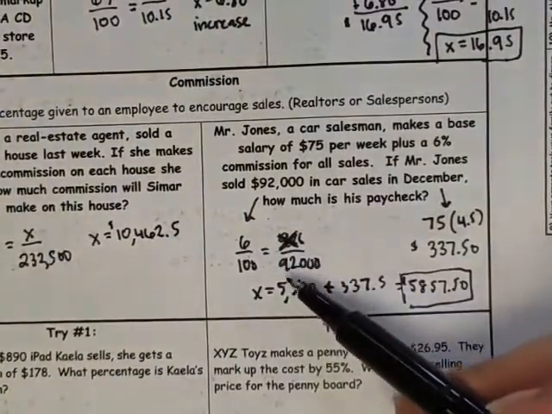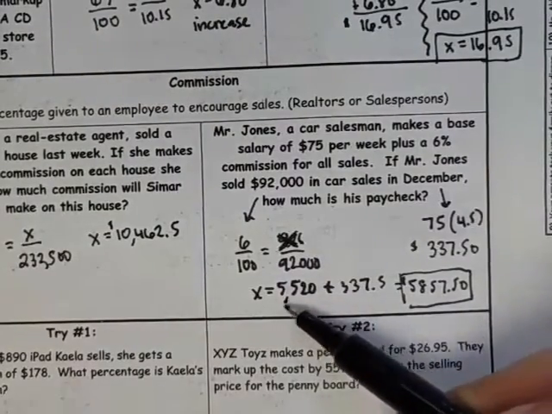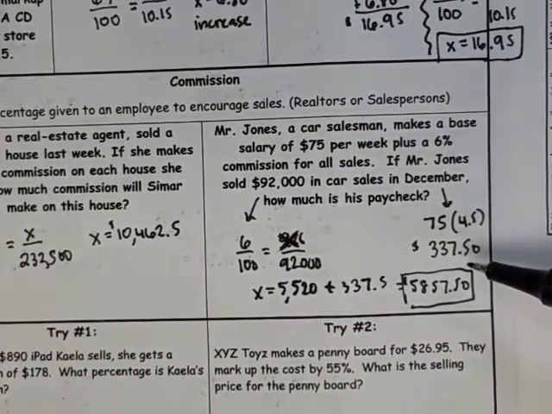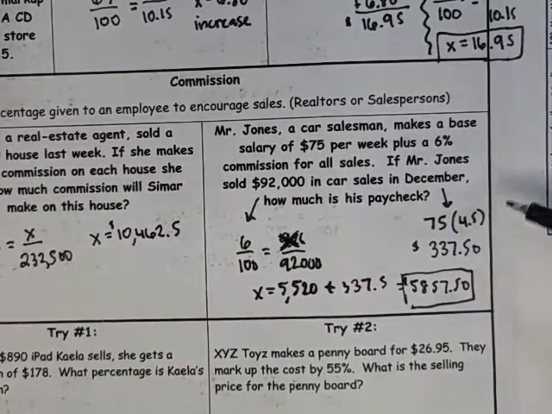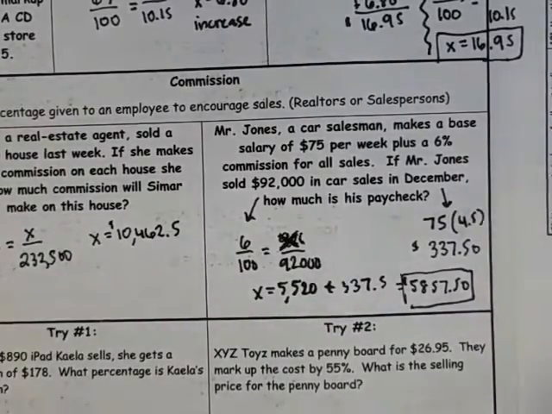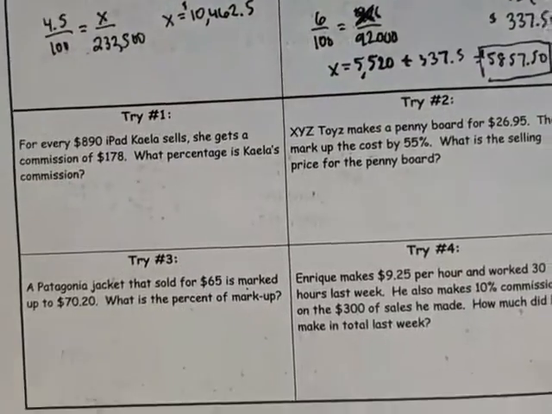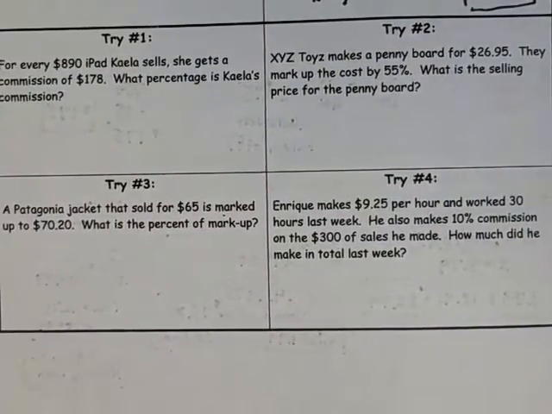So here's the percent. He made $5,520 just for selling items or cars. And then over here, he made $337.50 just for being an employee. So that was his base salary. Okay. All right. So now we're going to try these 4, and then you have the rest to do on your own.